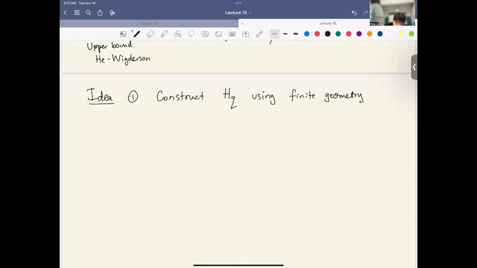This graph H_q has n vertices, where n is roughly q to the 4. Whenever I write this tilde, I just mean up to some polylog factor. So roughly q to the 4 vertices, and this graph is roughly q cubed regular. Every vertex has roughly q cubed degree.